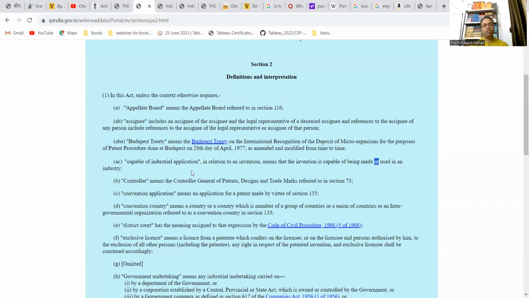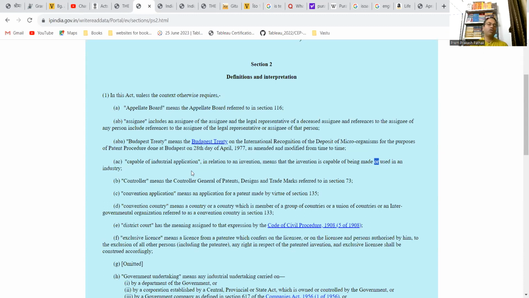Convention application. This is one term, convention application. Convention application means there are a few countries who consider the patent filed in their country as patent filed in all other countries. So these are called convention countries. We can file one patent in India, and then we can reserve the priority date of filing in India.